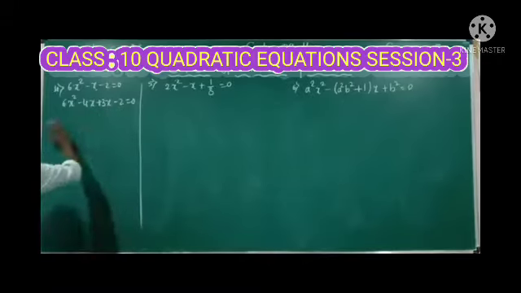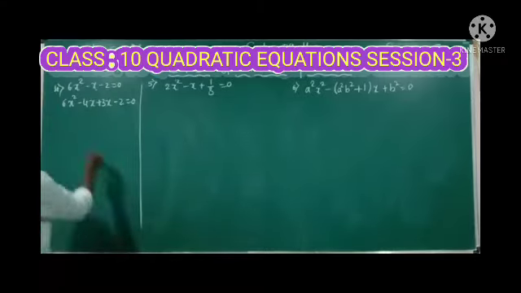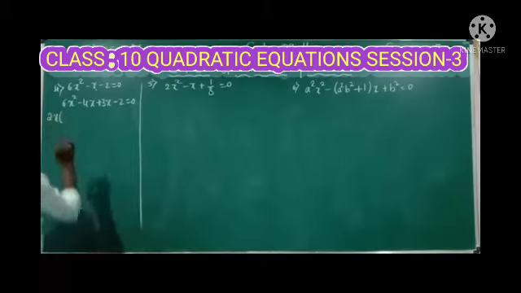Now simplify the quadratic equation by taking some common terms. In the first two terms, what do we have to take common? 6 and 4 are multiples of 2, no? So take 2x as the common.